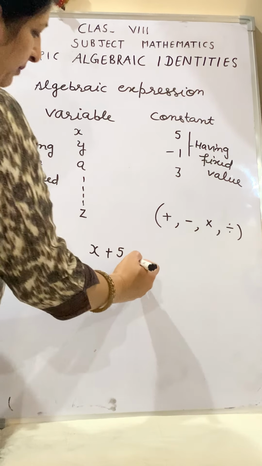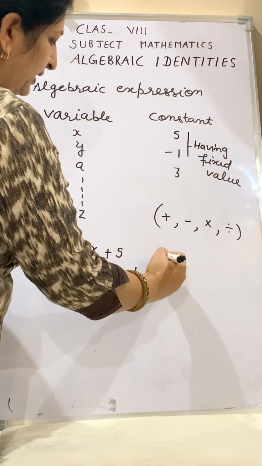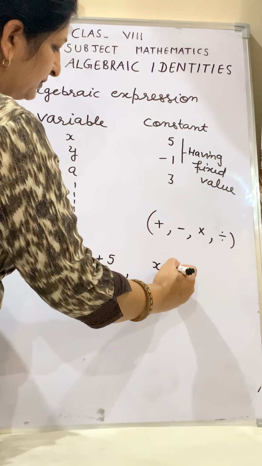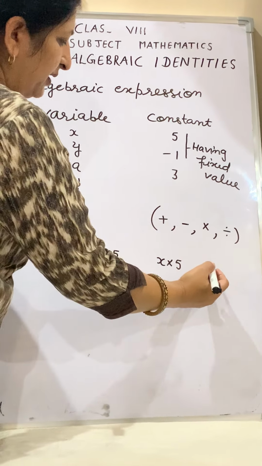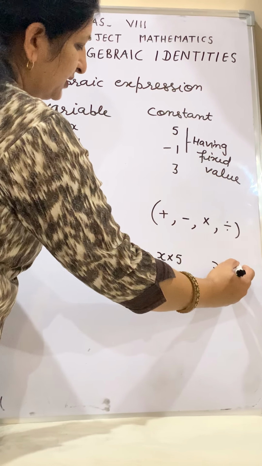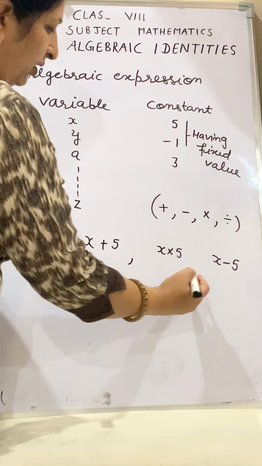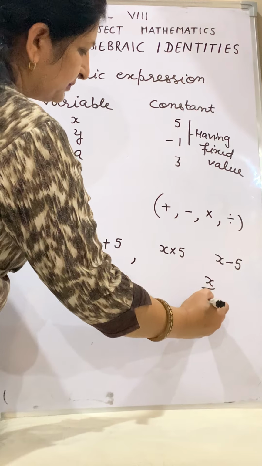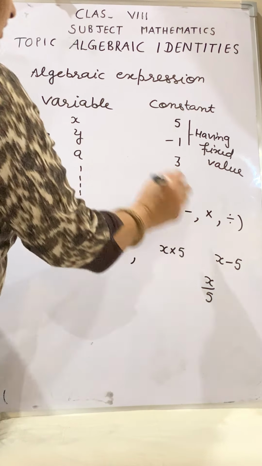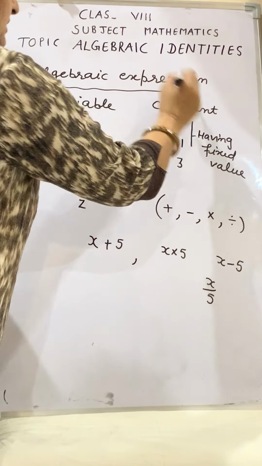If we combine with multiply, x multiplied by 5. When we combine with subtraction, x minus 5 or x divided by 5. So these are called algebraic expressions.